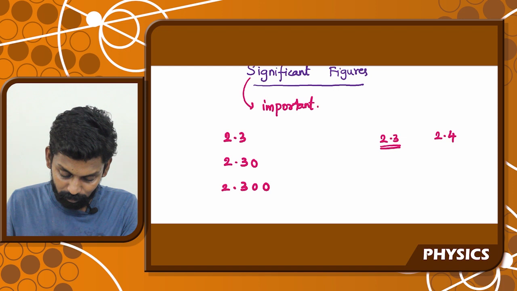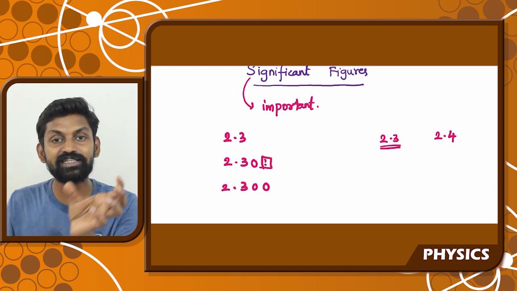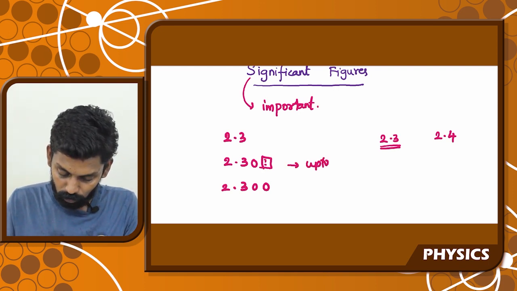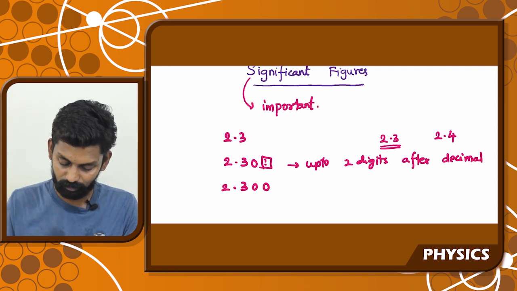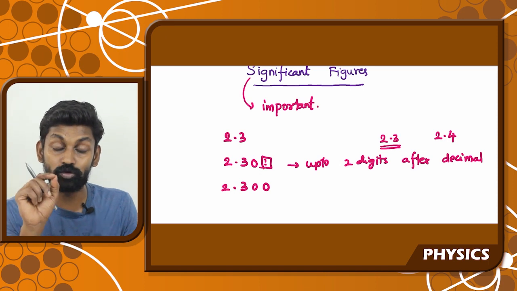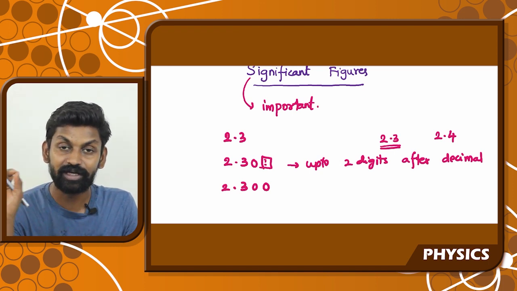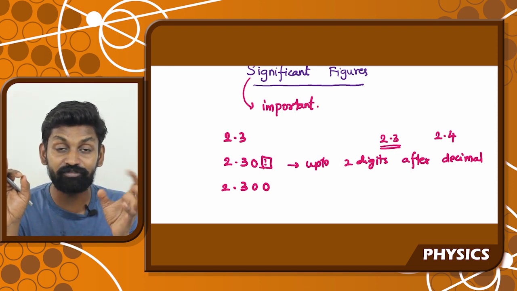We are not confident about what the third digit after the decimal is going to be. So this is accurate up to 2 digits after the decimal point. Next, we are confident up to 3 digits. We know it is 2.300 exactly. It is not 2.301, it is not 2.305. It is accurate up to 3 digits after the decimal point.